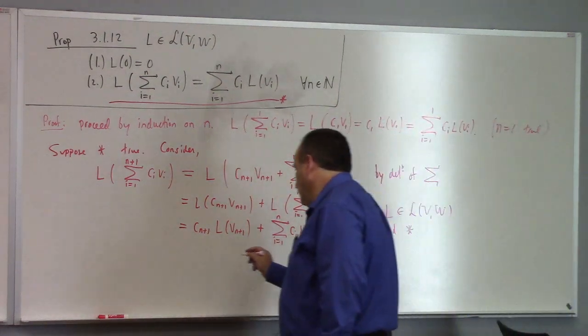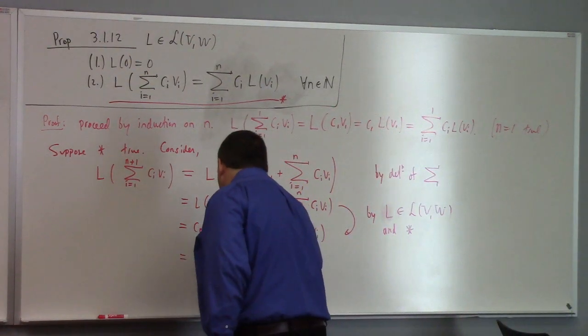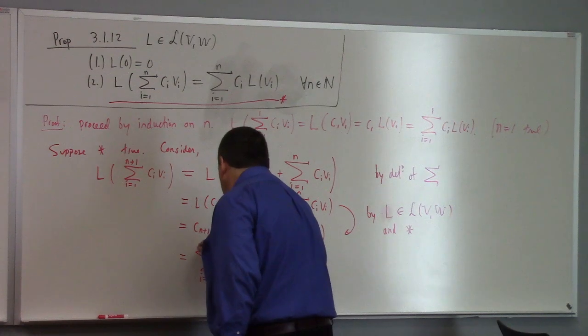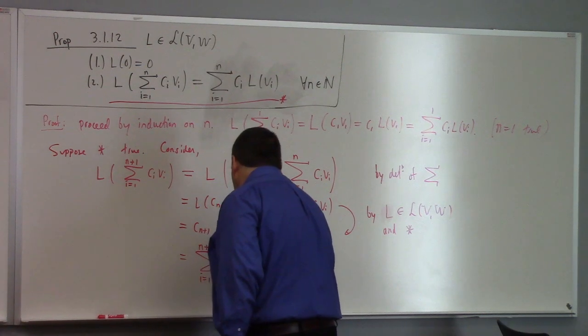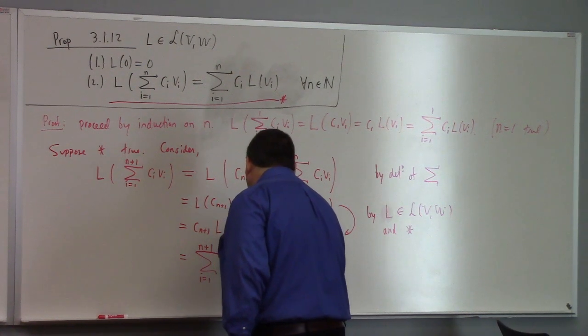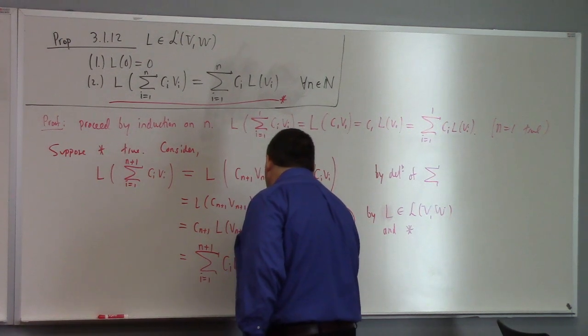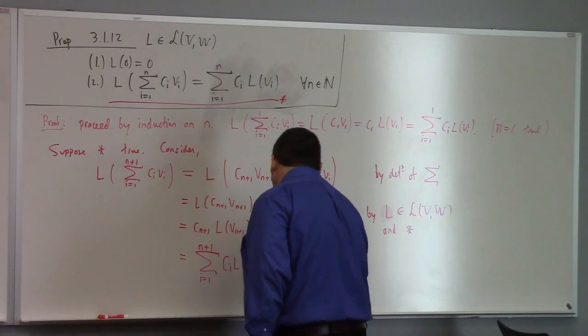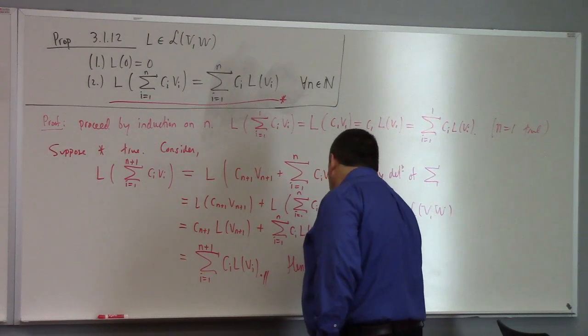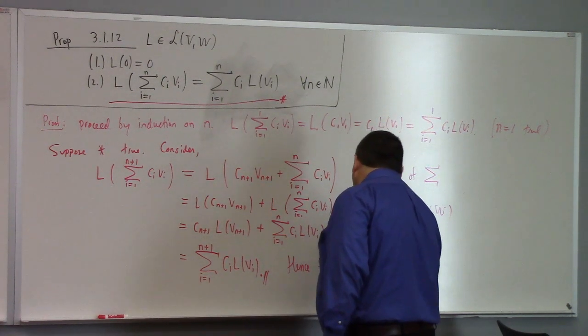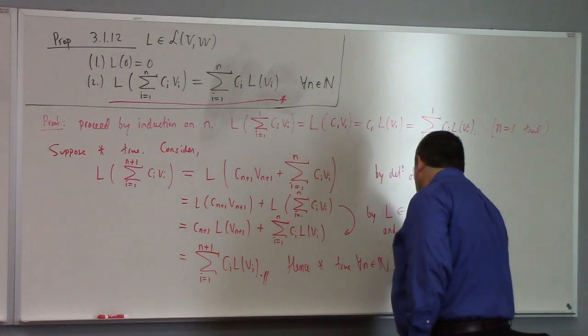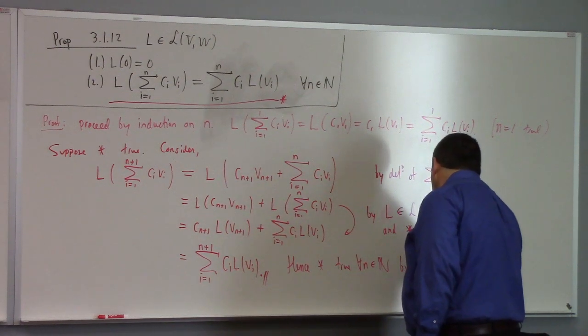See, this is then equal to the sum i equals 1 to n plus 1 of c_i L of v_i, right? And so that's it. Hence, star is true for all n in the natural numbers, by proof by mathematical induction, also known as PMI.